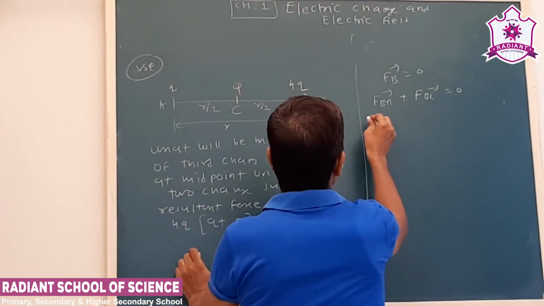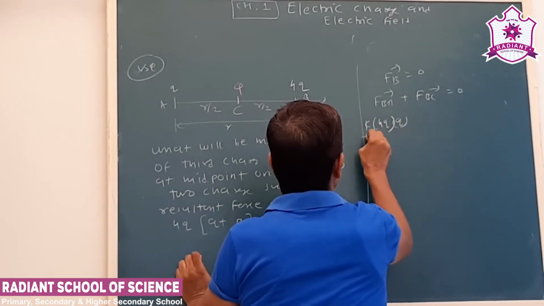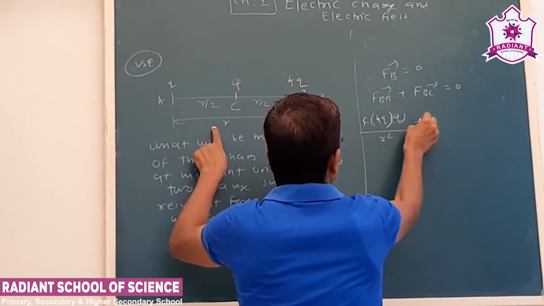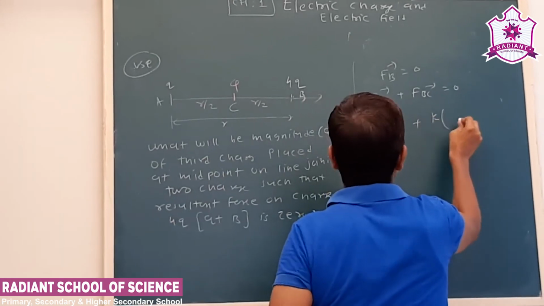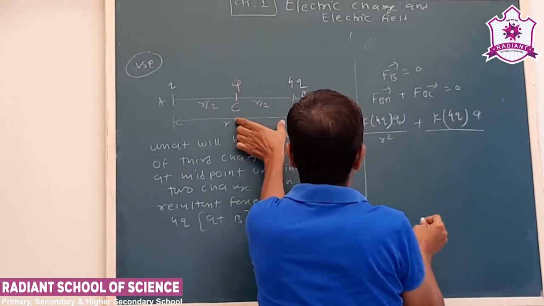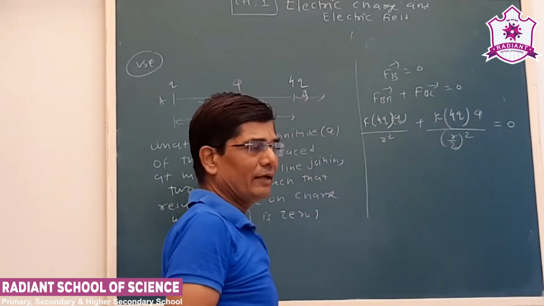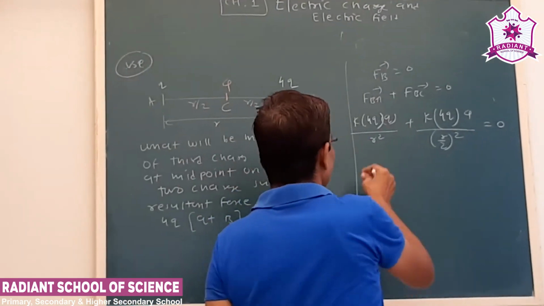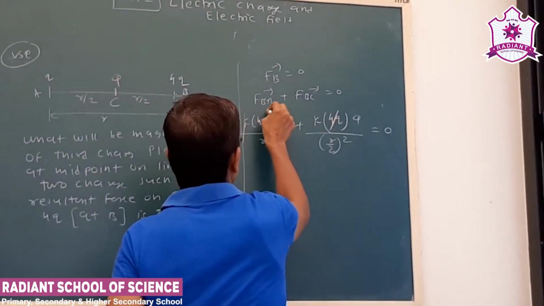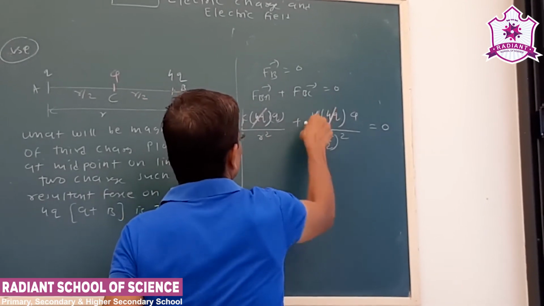So FBA is K 4Q into Q upon R square, plus K 4Q into capital Q upon the distance, which will be R by 2, squared. Now we simplify. K is cancelled, 4Q is also cancelled.